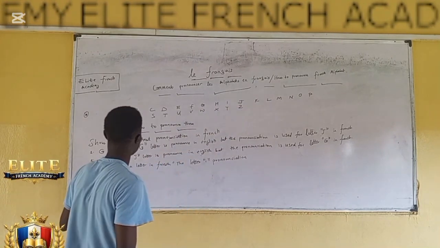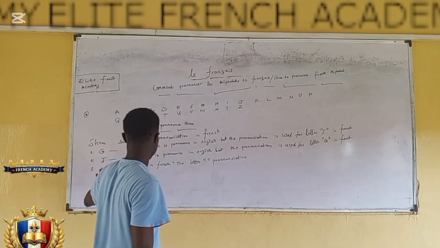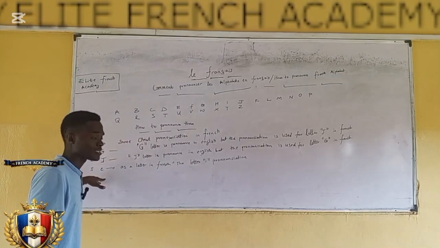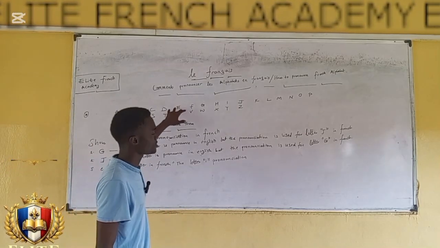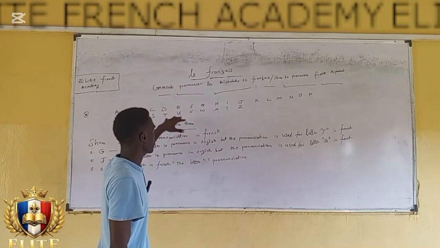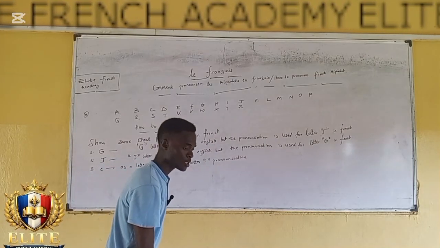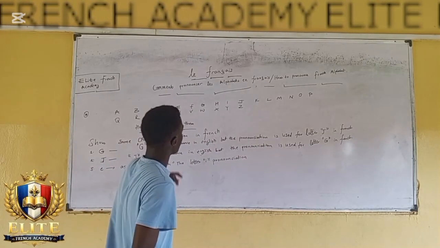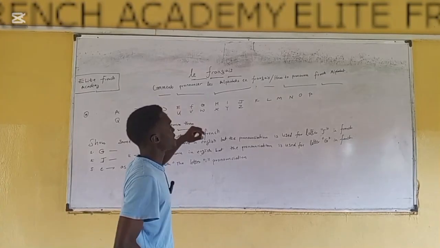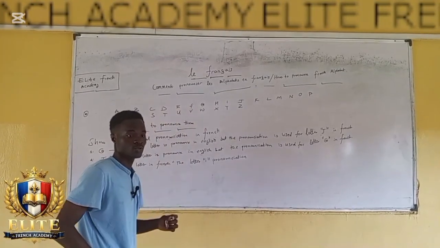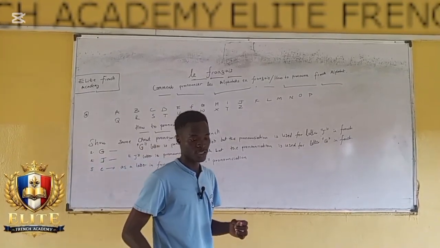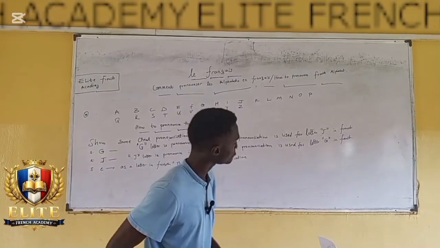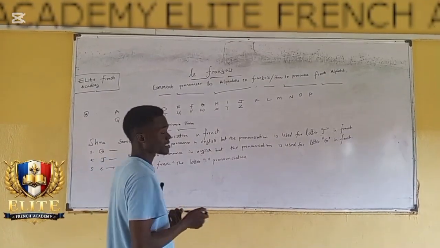With that being said, there's one more aspect, which is the letter E. The letter E is pronounced with the E sound, and there are some things people need to understand: accents. Every accent in French has a name.